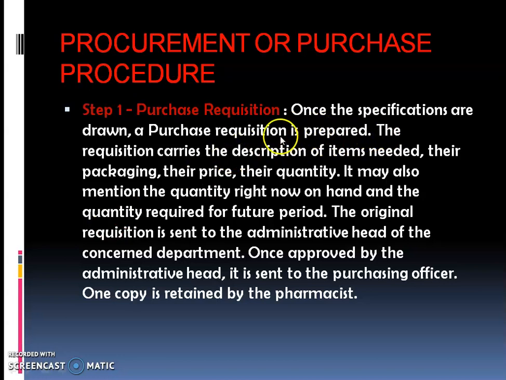The requisition carries description of items needed, their packaging, their price, their quantity. It may also mention the quantity right now on hand and quantity required for the future period. The original requisition is sent to the administrative head of the concerned department. Once approved by the administrative head, it is sent to the purchasing officer and one copy is retained by the pharmacist.